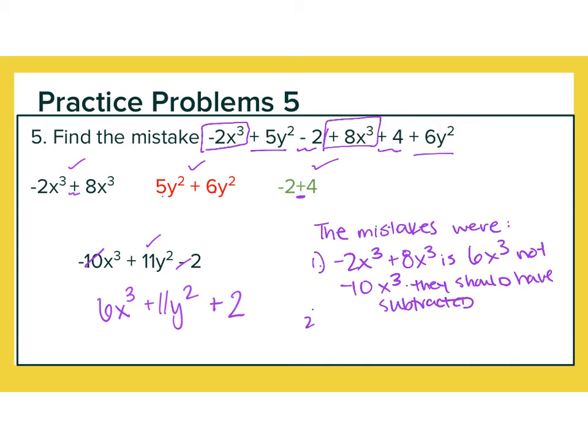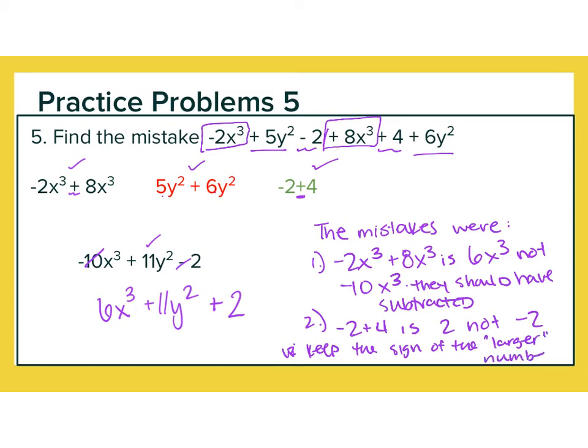And then the second mistake was negative 2 plus 4 is 2, not negative 2. Keep the sign of the larger number. And I put larger in quotes because it's larger absolute value, right? So those were the two mistakes.